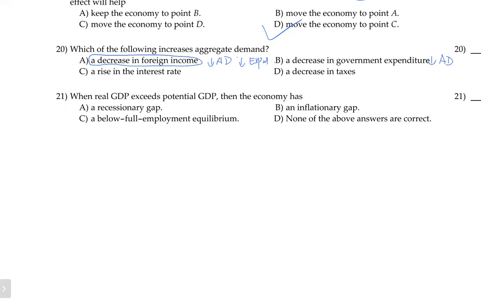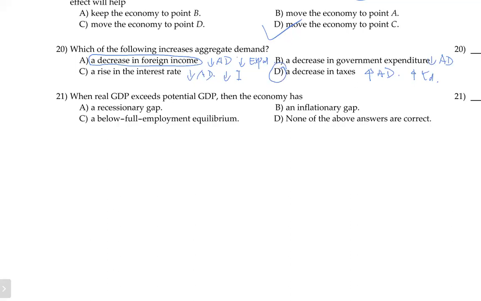And a rise in interest rate is going to decrease aggregate demand through a decrease in investment. And lastly, a decrease in tax is going to increase aggregate demand through an increase in disposable income. Okay, so the answer is D.